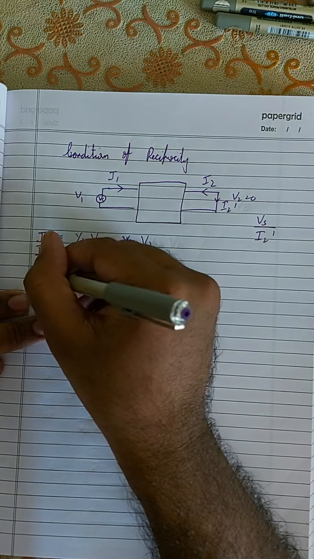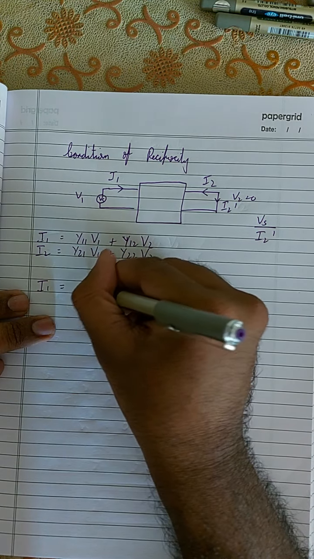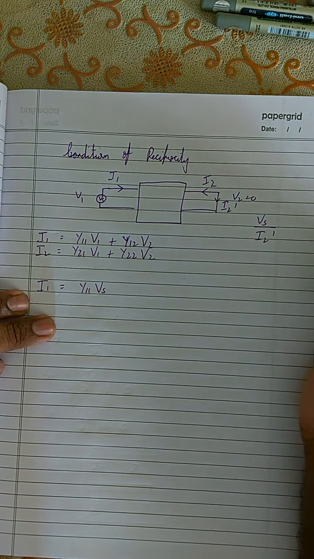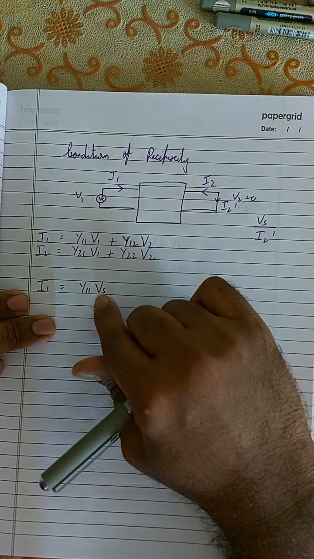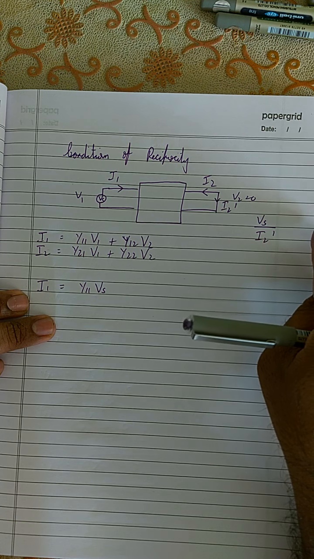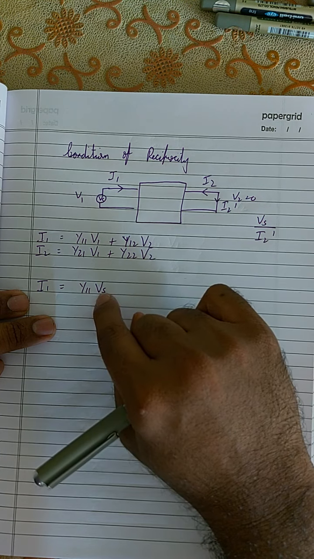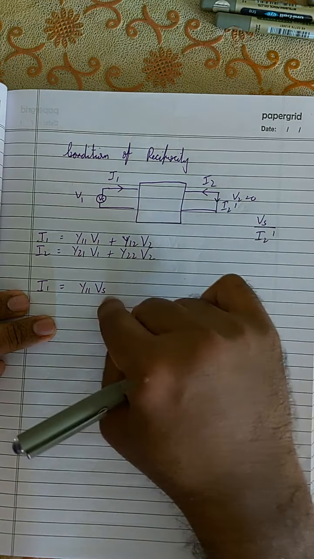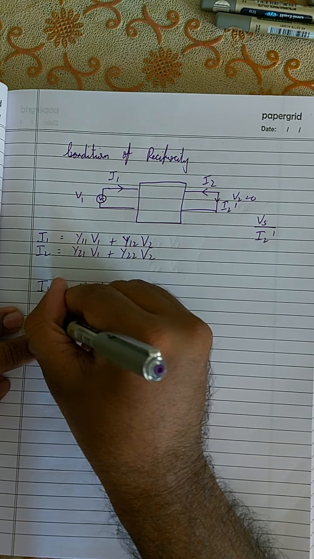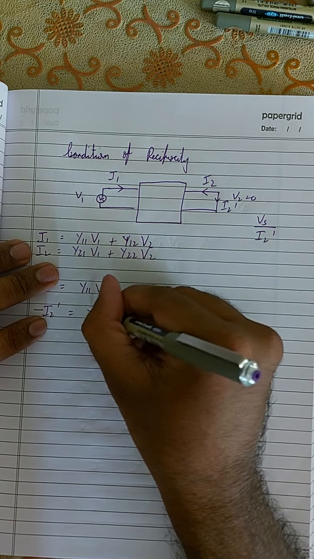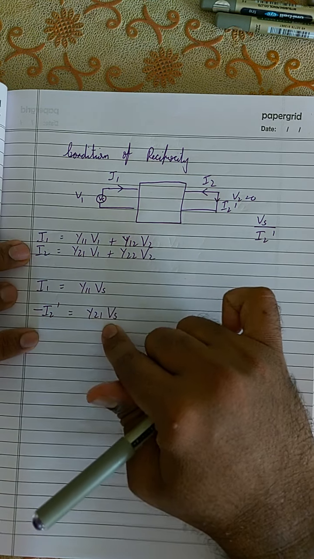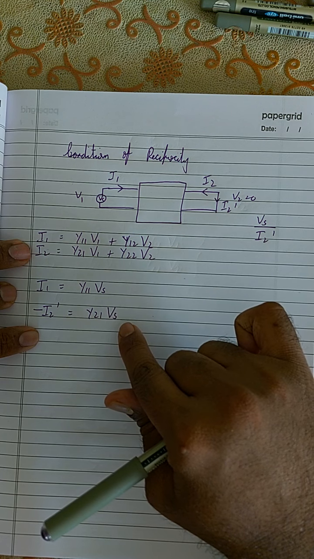Therefore I1 is equal to y11 Vs, because V2 is equal to 0. Instead of I2 I have minus I2 dash is equal to y21 Vs.